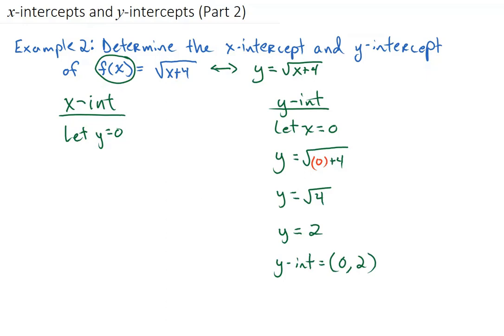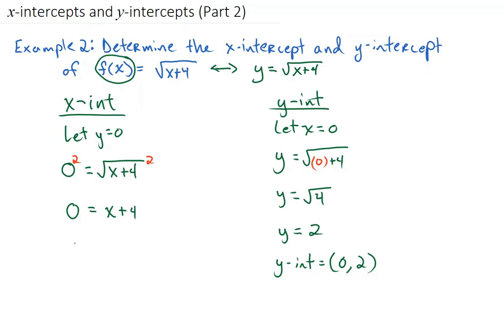Alright, now let's go back to the x-intercept. It's not that bad, but it is a little bit more complicated. So we're going to have 0 equals the square root of x plus 4. The reason why finding the x-intercept is more complicated with functions is because it's not solved for x, so now we have to solve it for x. This is a square root equation, so the way we solve for x is to square both sides to cancel out the square root. 0 squared is just 0, so this is 0 equals x plus 4.